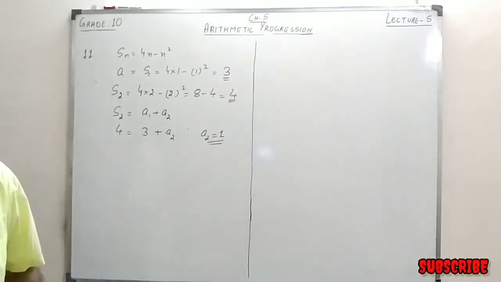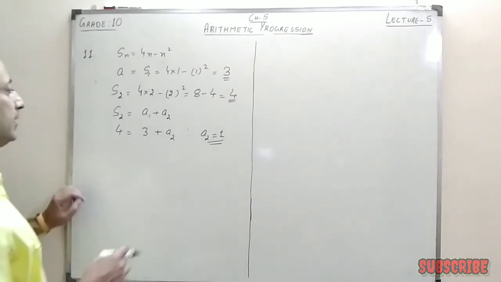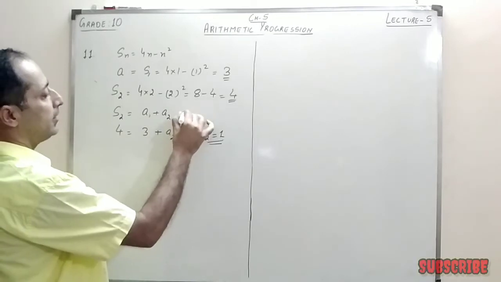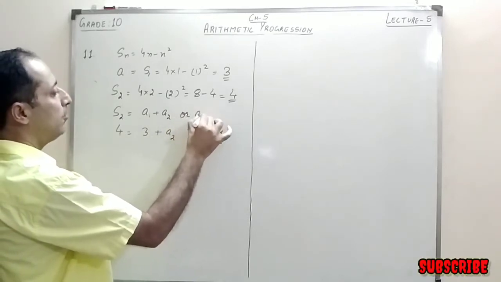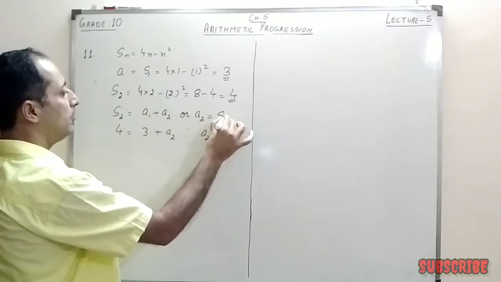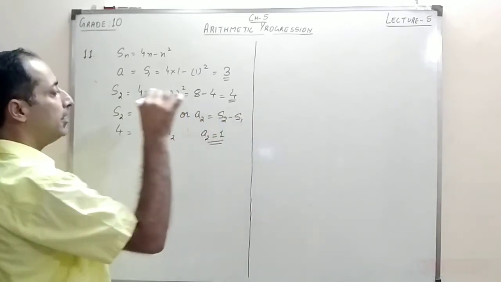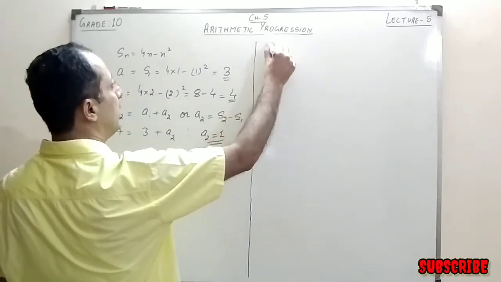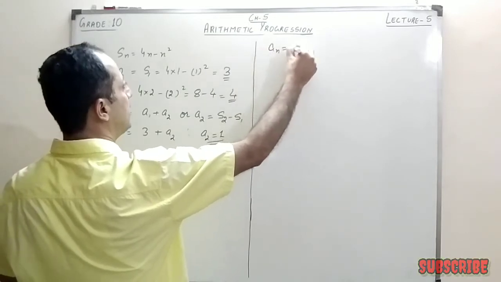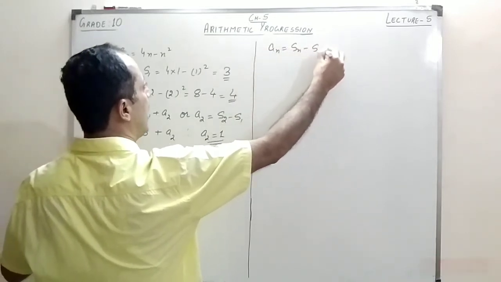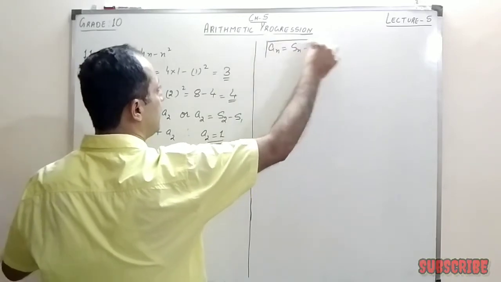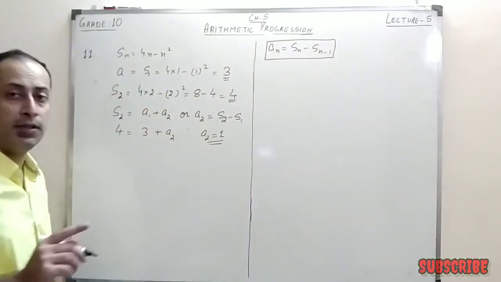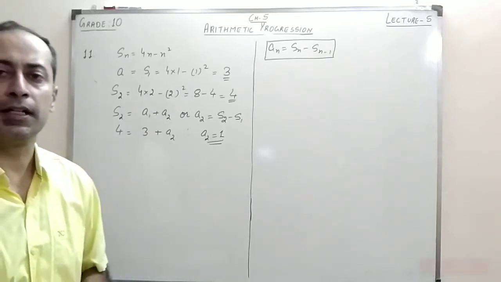Next, I have to find the third term. To find A2, I can also write A2 is equal to S2 minus S1, using the relation which I told you, An equals Sn minus Sn minus 1. I can use this relation directly to find any term if the sum of n terms is given to me.